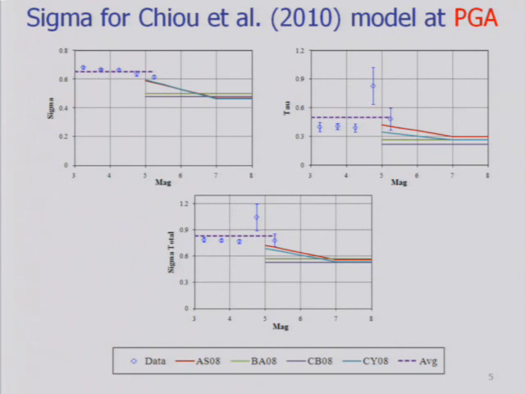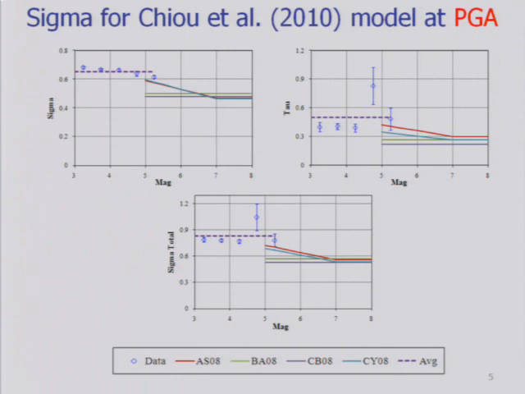These plots here show the intra-event standard deviation sigma, the inter-event standard deviation tau, and the total standard deviation with magnitude. The standard deviations computed for small magnitude data are shown in blue. The dashed lines show average standard deviations for magnitude between 3 and 5.5, and the rest of the lines show predicted standard deviations using 4 NGA West models, which are Abrahamson and Silva, Boore and Atkinson, Campbell and Bozorgnia, and Chiou and Youngs.